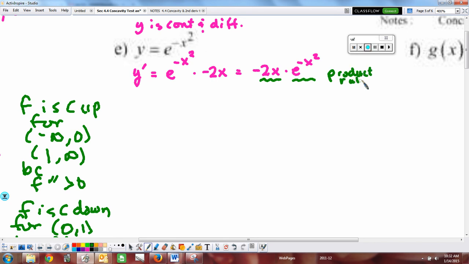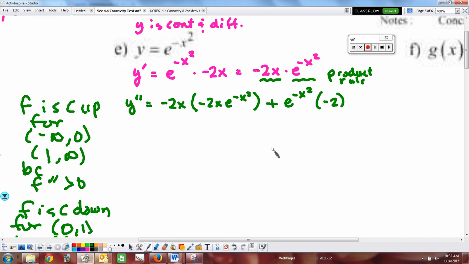to find the derivative. So now we'll go to our second derivative, which is going to be the negative 2x times the derivative of e to the negative x squared, which we just did, negative 2x e to the negative x squared, plus my e to the negative x squared times the derivative of negative 2x, which is negative 2.